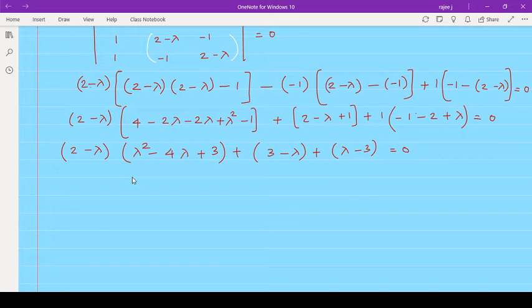Now again simplifying, you get 2 minus lambda, and we need to open this bracket. Otherwise, this term lambda squared minus 4 lambda plus 3 is lambda minus 3 into lambda minus 1. You can write it that way and then simplify.